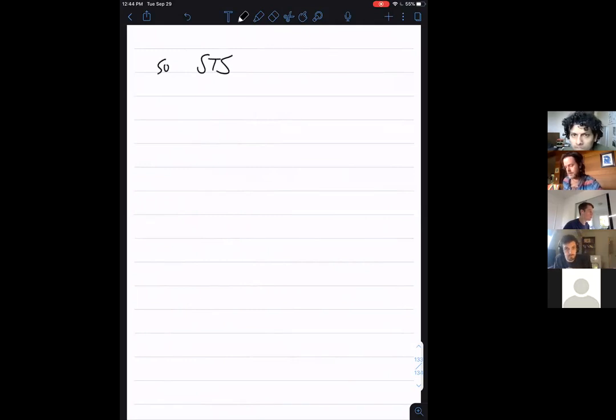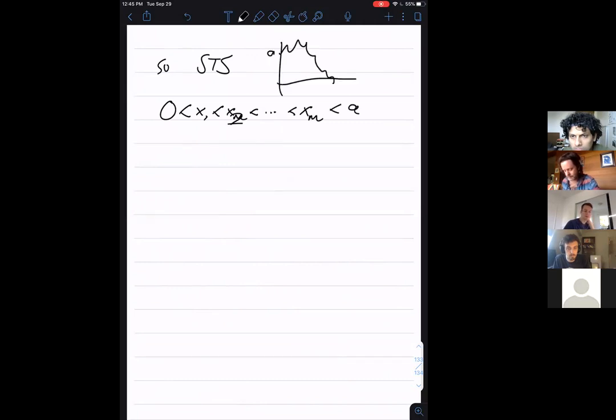It suffices to show that, if I take an increasing system of levels that fit in our framework, x1 up to xm, that stops below level A, so that's where we started, right? A string of levels like this.